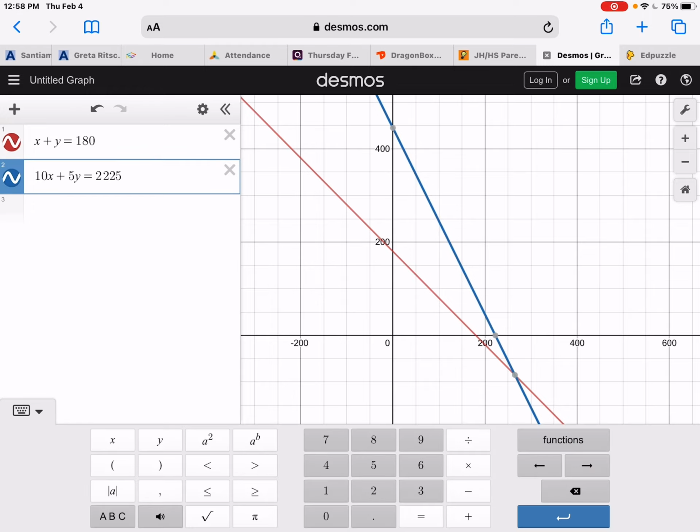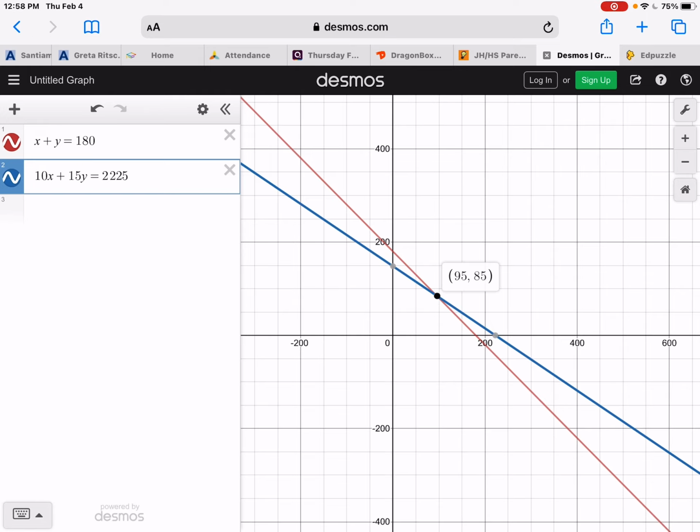And wasn't that a 15? I just seem to have messed up all the way around. Okay, that makes a lot more sense. And we've got this point right here where they are the same: 95 and 85.